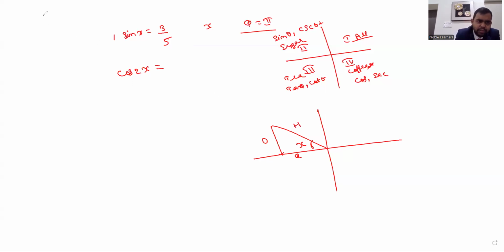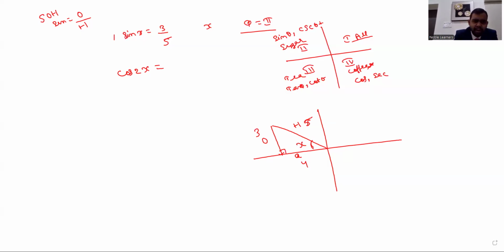You know SOHCAHTOA, so sine stands for opposite over hypotenuse. So opposite is going to be 3 and hypotenuse is going to be 5. If you use the Pythagorean theorem, then you get the adjacent, which is going to be 4.